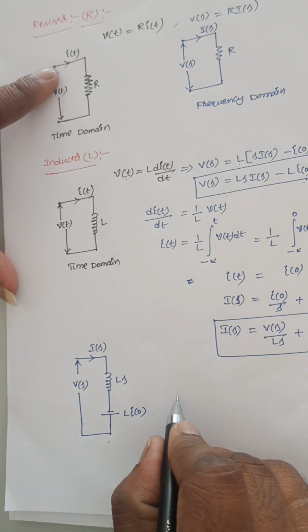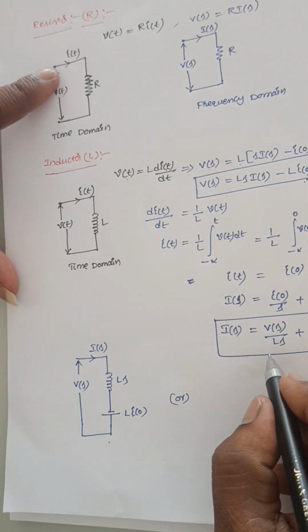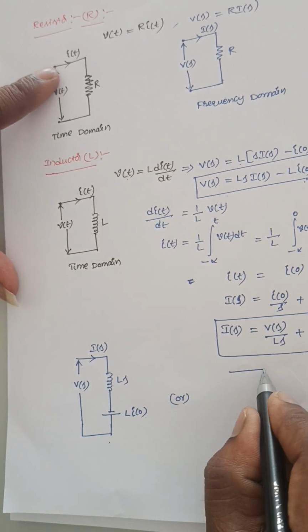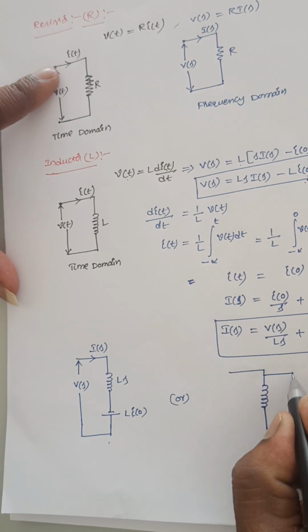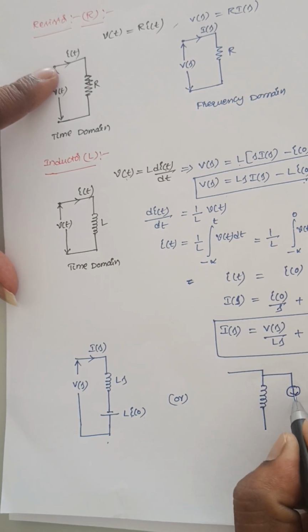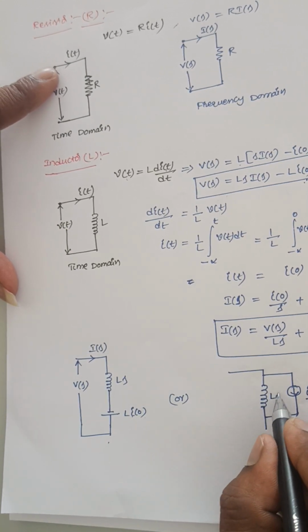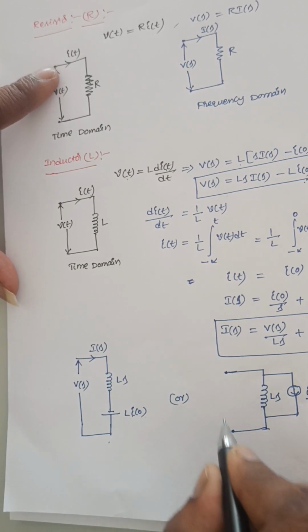Another way of representation, I can also represent the same inductor in frequency domain using this equation. Here this is an inductor and this is the current that is flowing like this. It is I of 0 by s. This value is Ls and this is V of s.